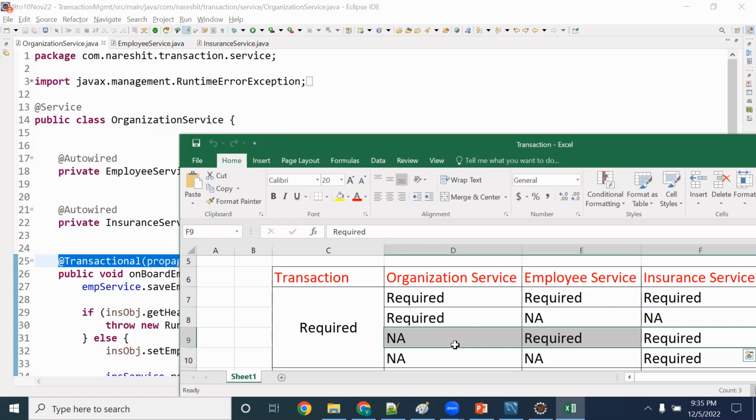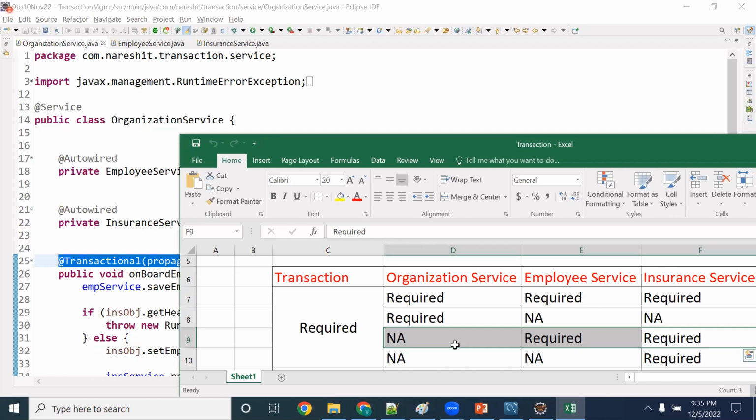If I don't have a transaction object at the parent level, if the father is not earning, but son 1 is earning and son 2 is earning, what happens here? Two transaction objects are created: one at employee level, another at insurance level. If employee fails and insurance succeeds, no issues. If insurance succeeds and employee fails, no issues.